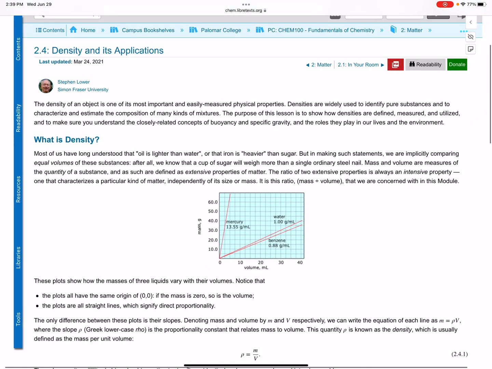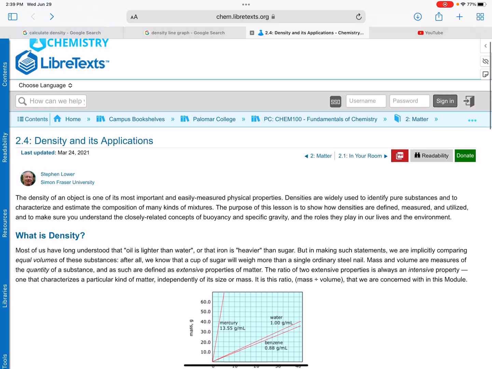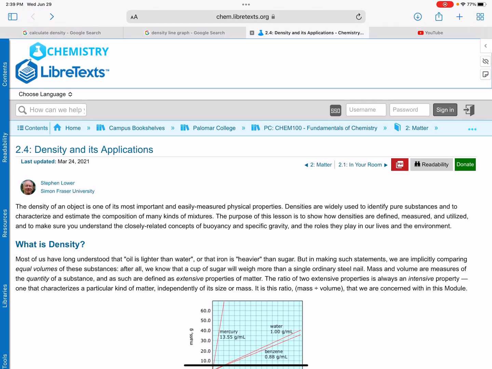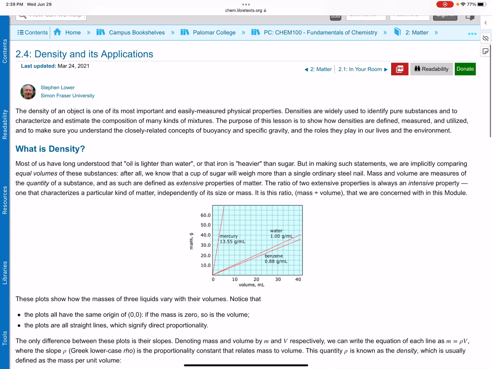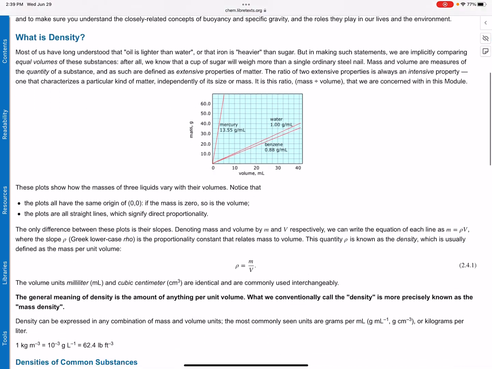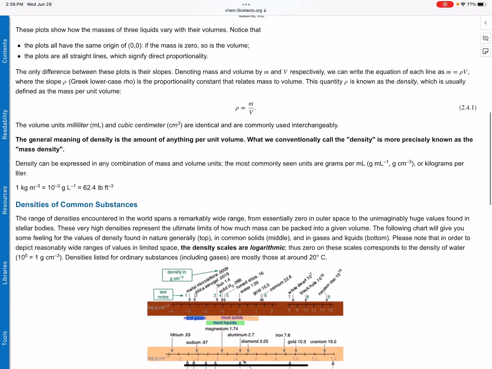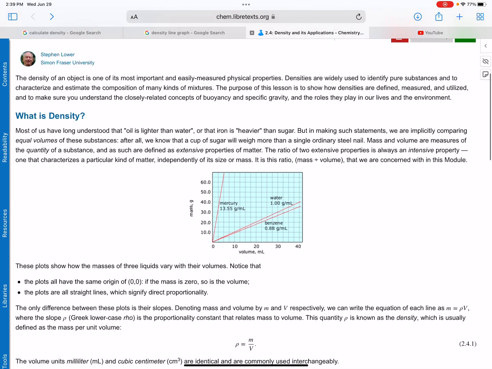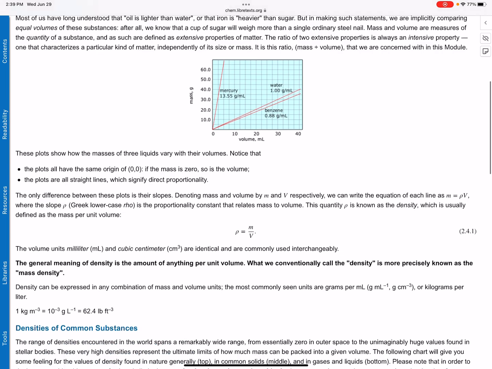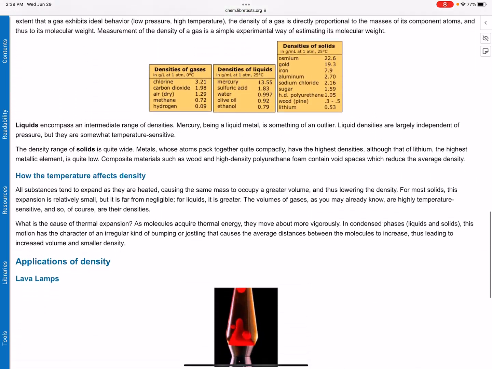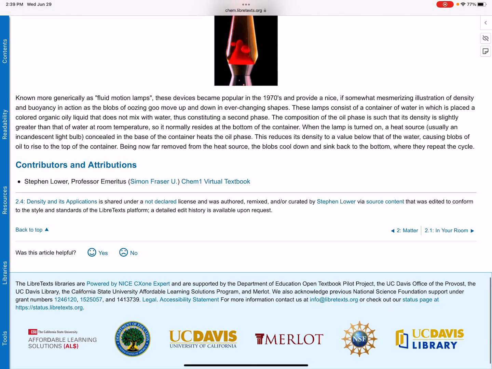Okay, this is from a website called chem.libretext.org. I believe this is a college level course that explains about density. So that's where our graph, which is pretty simplified, comes from this very complicated text. And if you would like to read more about it, you can go to the website.